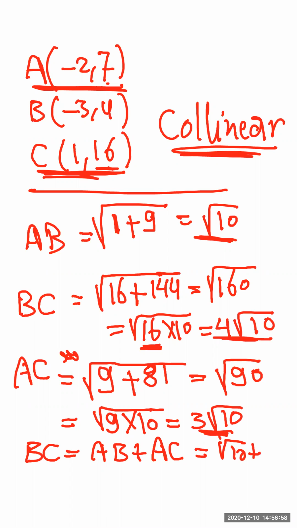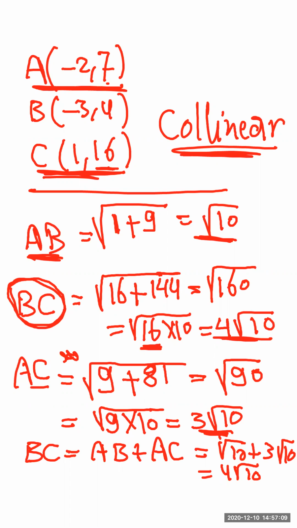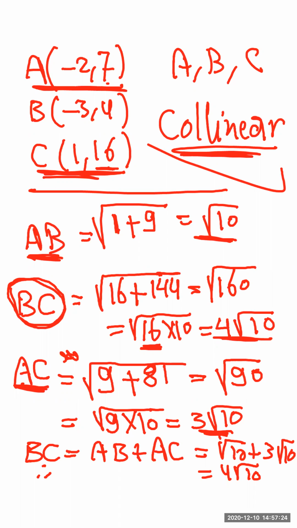So this means it will equal 4 square root of 10, right? So the longest one equals the total of the other lines. So this means the 3 points are collinear, so that A and B and C are collinear. Okay, guys, are we clear? Any questions till now? No, thank you.